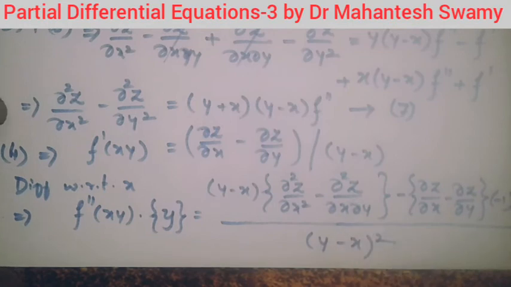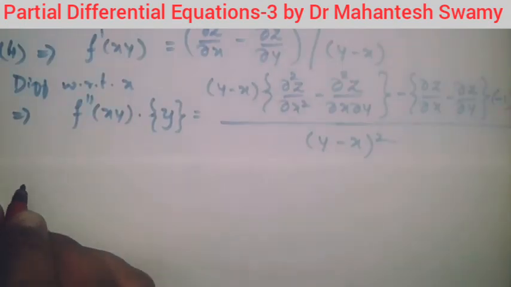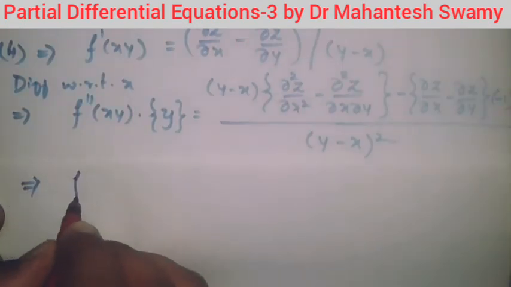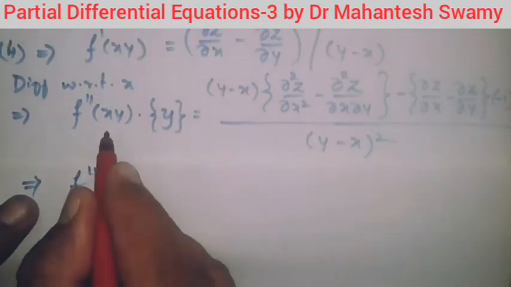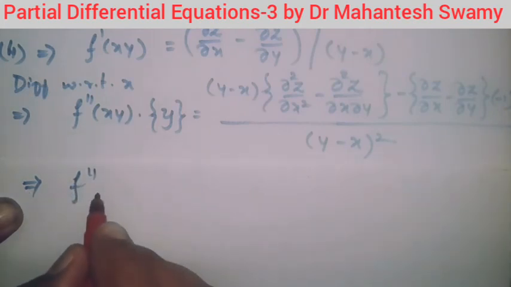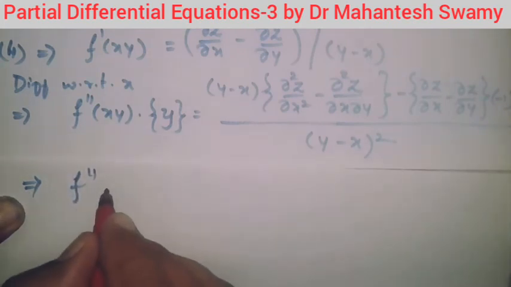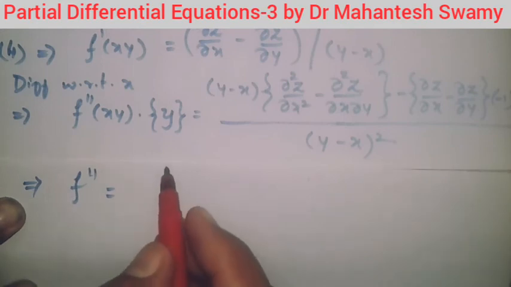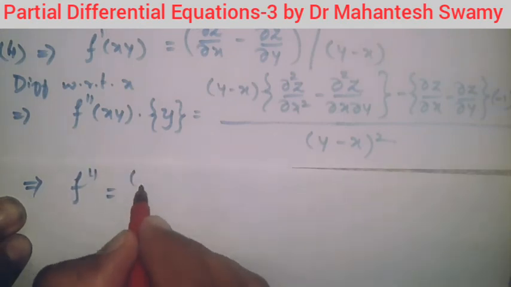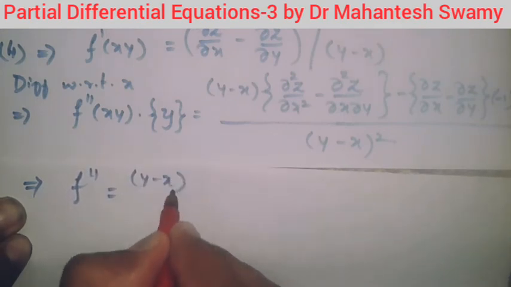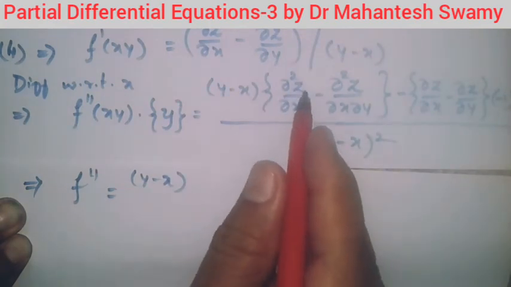Now we shall use the notations and simplify the terms. Y we shall transfer to this side. So this implies f double dash as it is, we will not write the argument, y will take it to this side, that is equal to y minus x as it is in the numerator, and this is ∂²z/∂x².